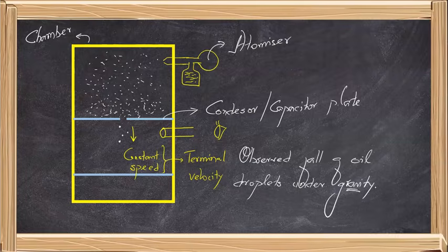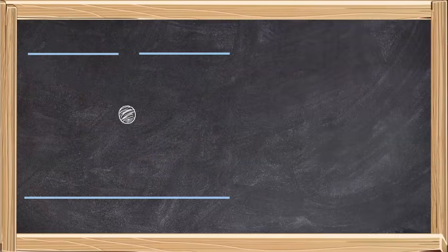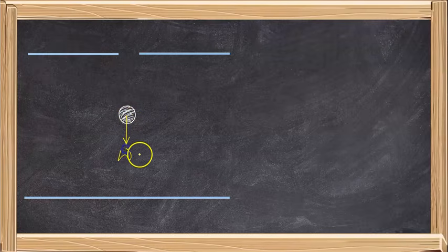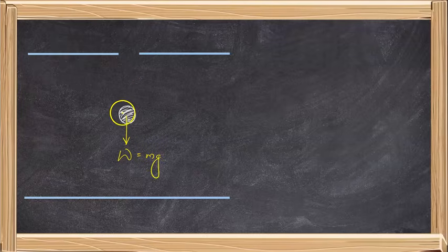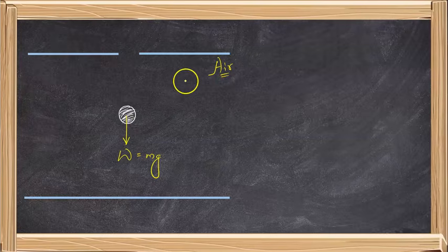Now let's have a closer look. When the oil drop is falling under gravity, the various forces acting on it are its own weight, W, which is like mg, and a force which opposes its motion downwards. Right now we have air, which is a fluid.